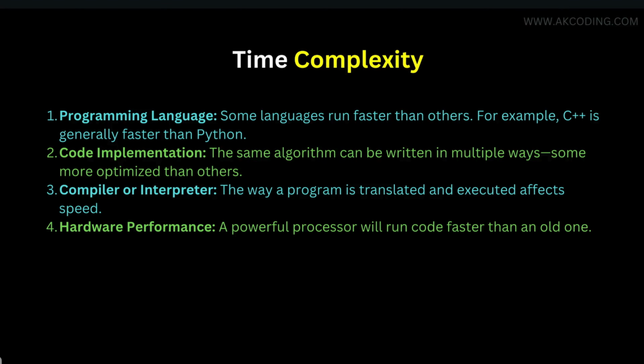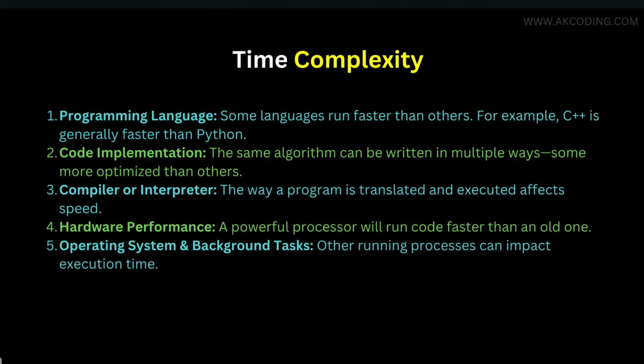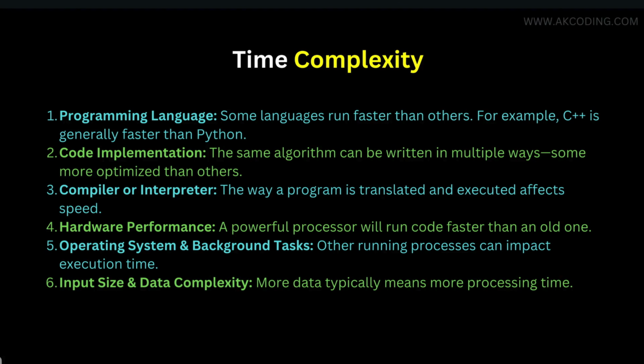If you are running your program on your computer and your computer is high resource, meaning high processing power and the latest CPU, then your program will run faster than on older hardware configurations. Number five, operating system and background tasks. Number six, input size and data complexity. So these are multiple factors that impact the performance of your program.